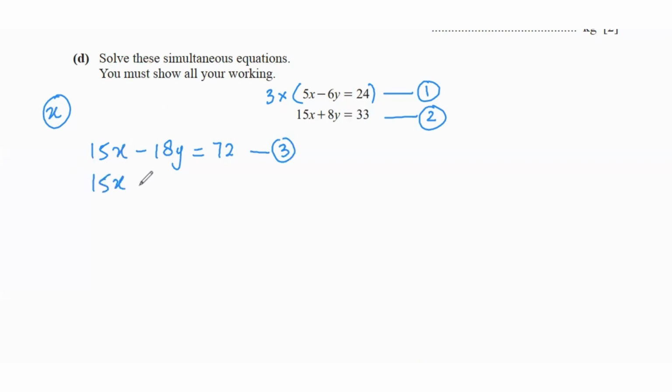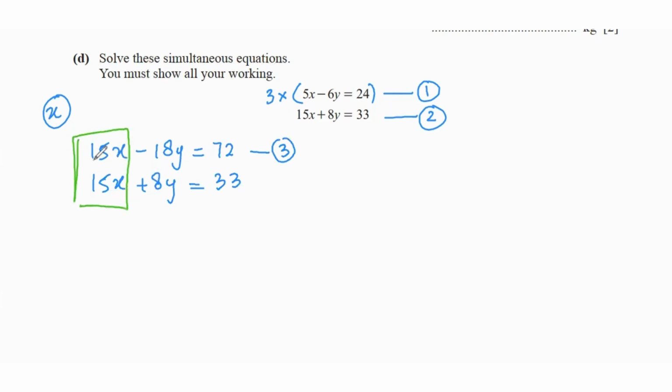So 15x plus 8y equals 33. Now that we've decided that we're eliminating x, and we've also made the coefficient for x equal in both the equations, next step is to see what is the sign of the variable that we're trying to eliminate. We're eliminating x over here, so let's just highlight that over here.